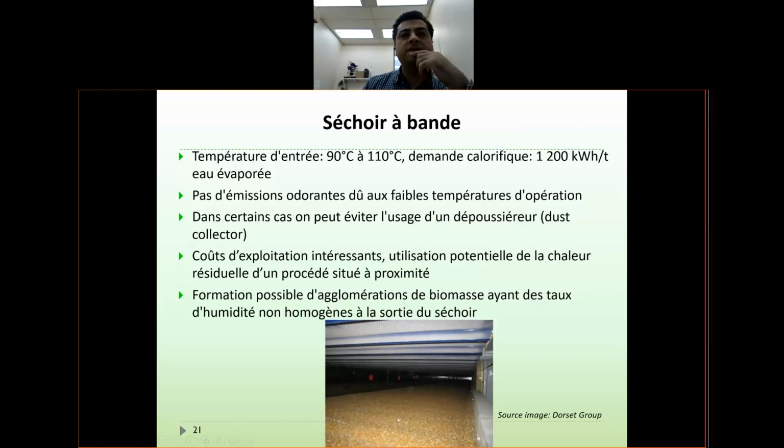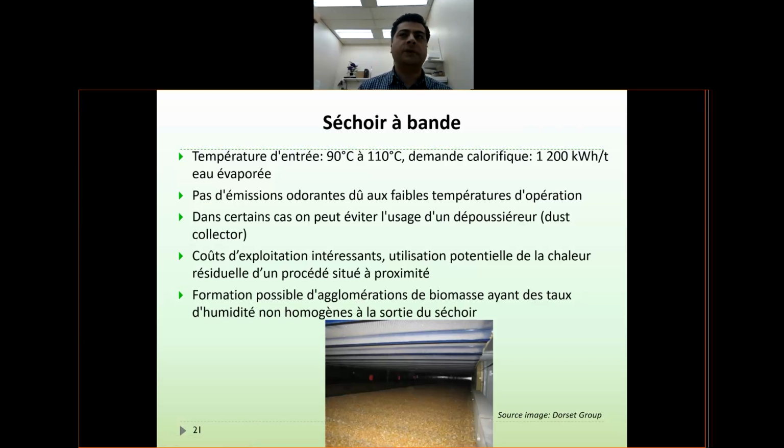This is a kind of bundle tube for indirect heating of biomass. So in these bundles, air or steam goes through inside the tubes. So you have indirect contact between biomass and source of energy.